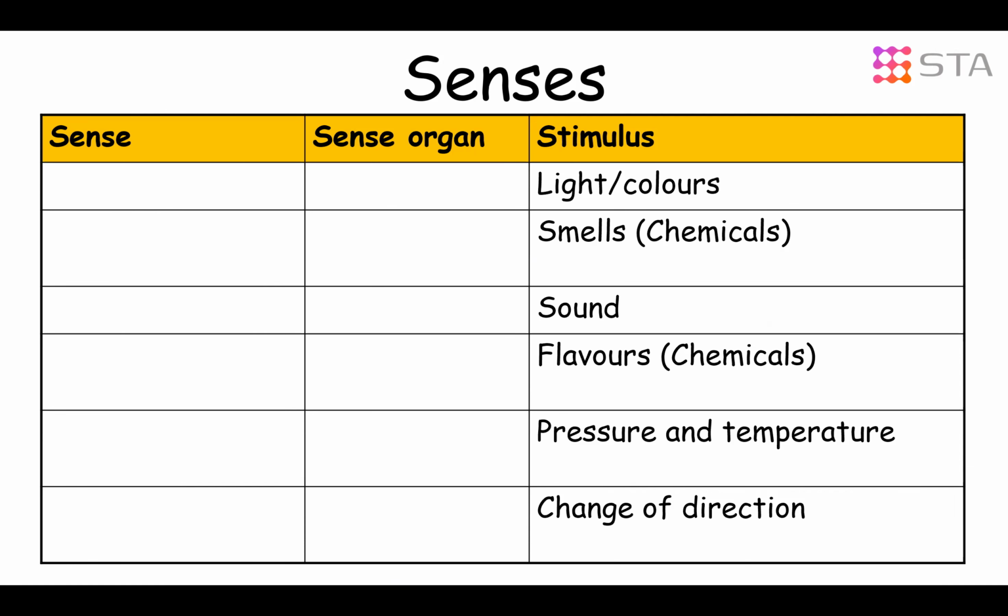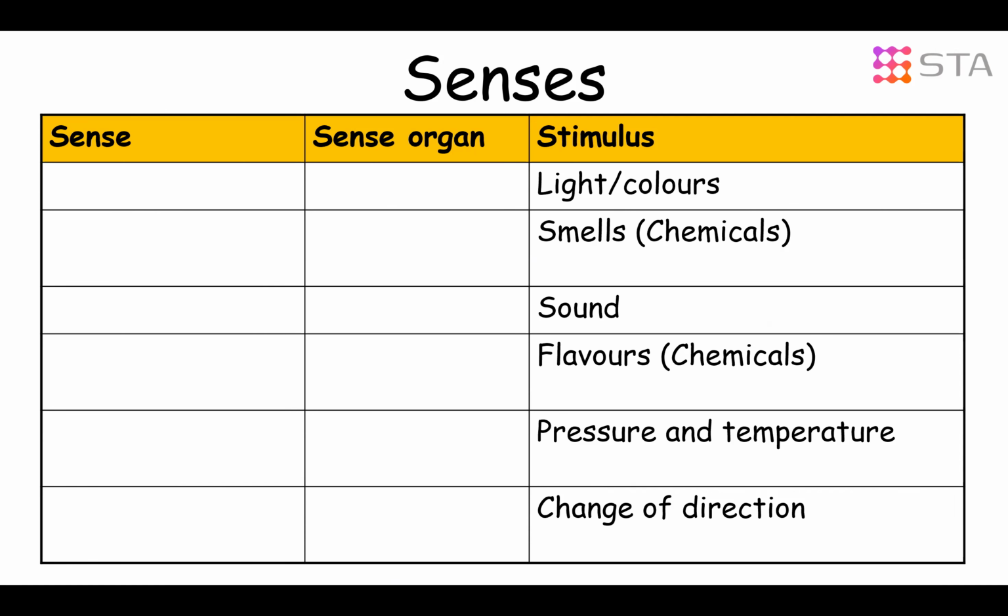So, for example, stimuli, which is the plural for stimulus, are things like light and colors. Have a think about what the sense organ is that is picking that information up and what the common word for that sense is. Smells or chemicals.